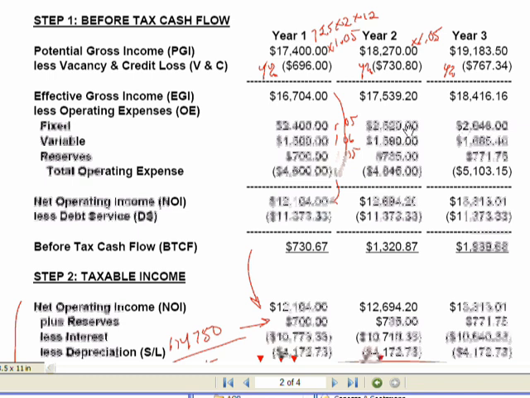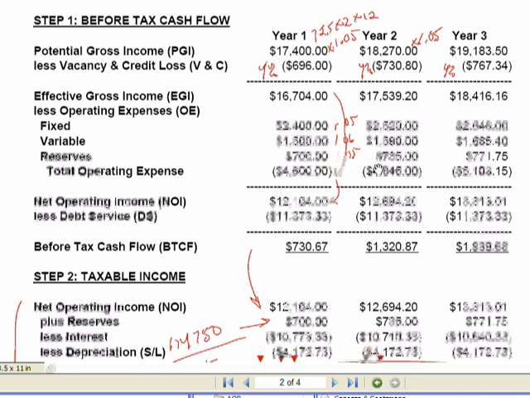Just take 2,520 times 1.05. That gives you 2,646. For the variable, the same thing. 1,500 in year 1. It's going to increase by 6%. Multiply times 1.06. That's 1,590. And then again, multiply it by 1.06 again. That'll give you the year 3 variable at $1,685.40. The reserves, same thing. Increase by 5%, multiply times 1.05. That's 735. Multiply times 1.05 again, that's 771.75.